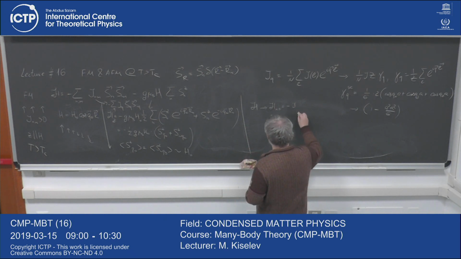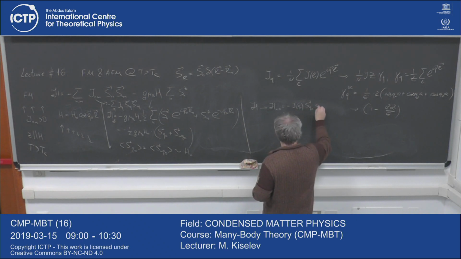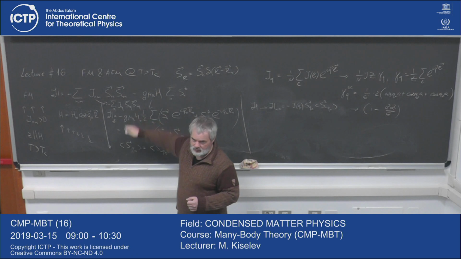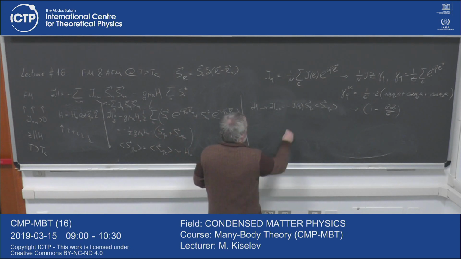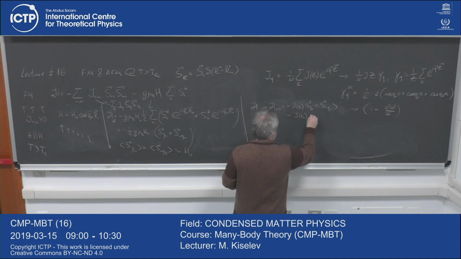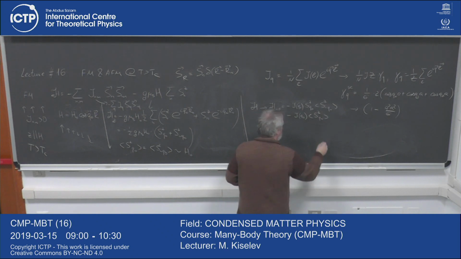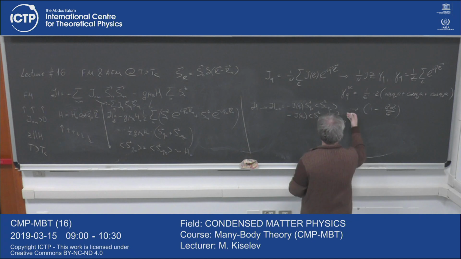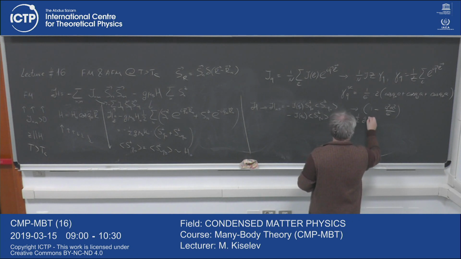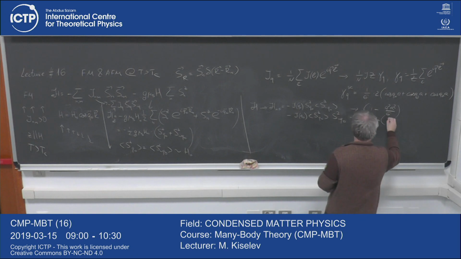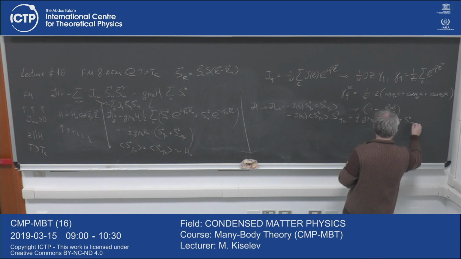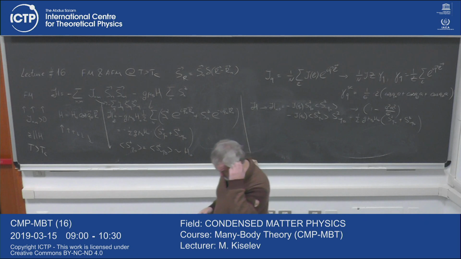So this is minus G(Q_0) S^z(Q_0) times the average S^z(minus Q_0), minus G(Q_0) S^z(Q_0) times the average S^z(minus Q_0) for the other term, and plus the remaining part, namely minus one half g mu_B H_0 times S^z(Q_0) plus S^z(minus Q_0). Okay?